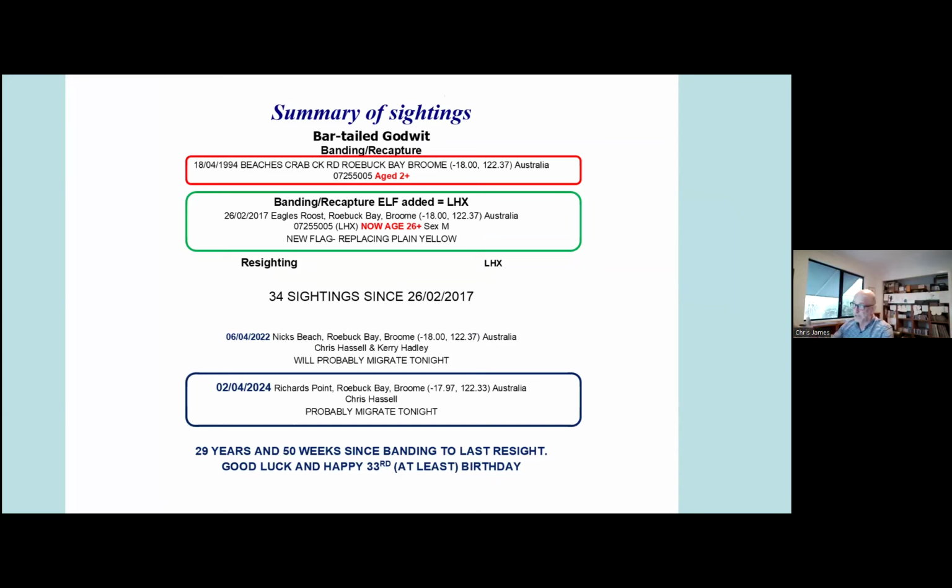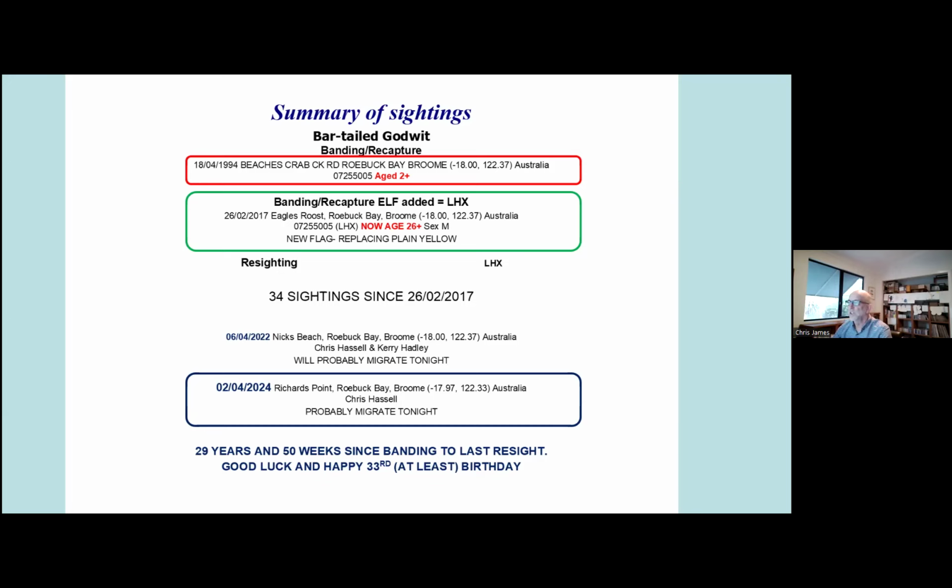This is quite a boring slide, but if you imagine sending this information to someone who could be younger than the bird, someone who's seen the bird or photographed the bird, and they could easily be younger than the bird. So that would be pretty exciting for someone to get. You can see they're banded way back in 1994, recaptured and given the engraved leg flag in 2017.